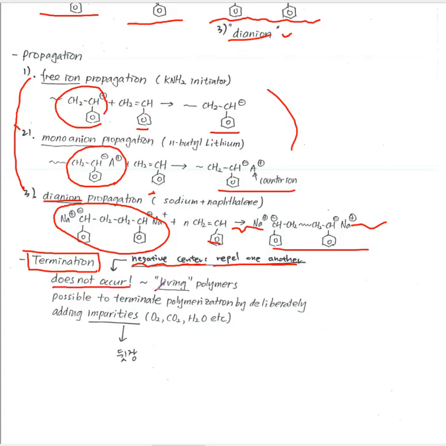That's why we call anionic polymerization living polymerization. It does not die. To make it stop, we need to deliberately add impurities, such as oxygen or carbon dioxide or water.